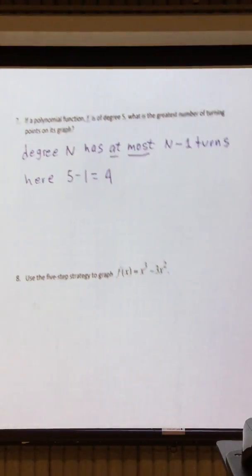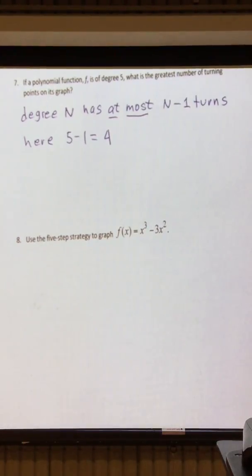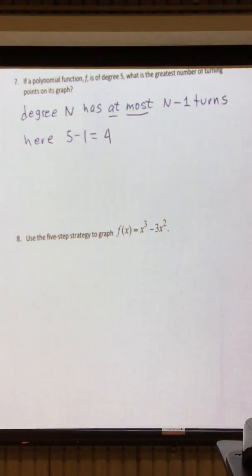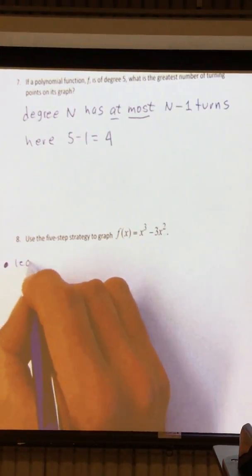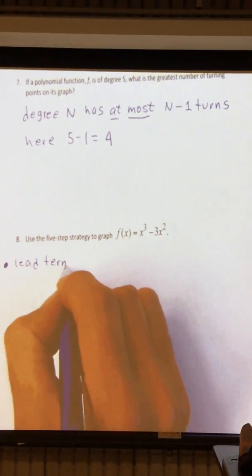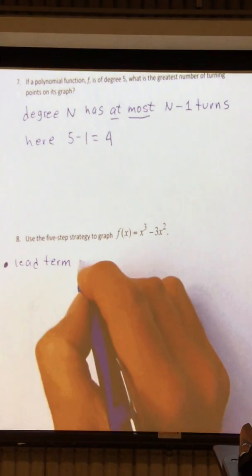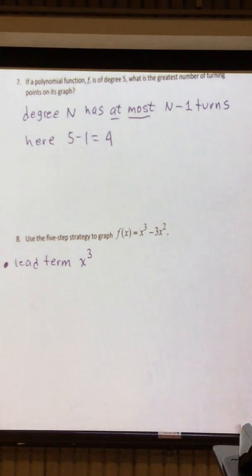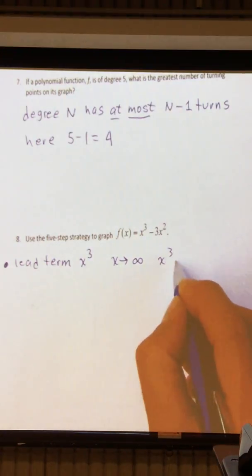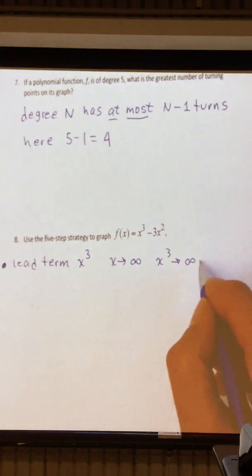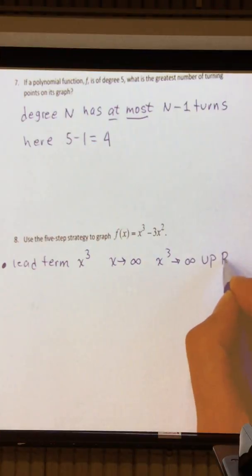Problem number 8. Use a multiple step strategy to graph the cubic function f of x. Okay, to do this, we'll first look at the lead term and determine the end behavior. Lead term is x cubed, and as x is very large and positive, x cubed will also be very large and positive, so the graph will be up on the right.